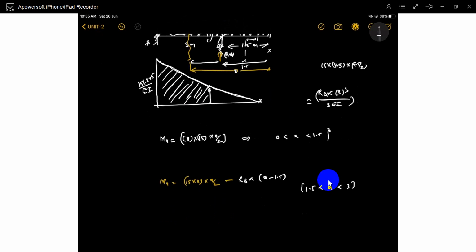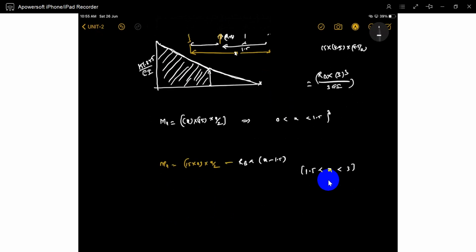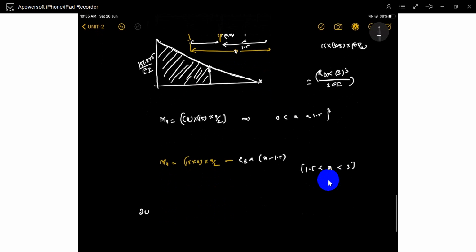So what will we get? dou U by dou R equal to 0. What is U?